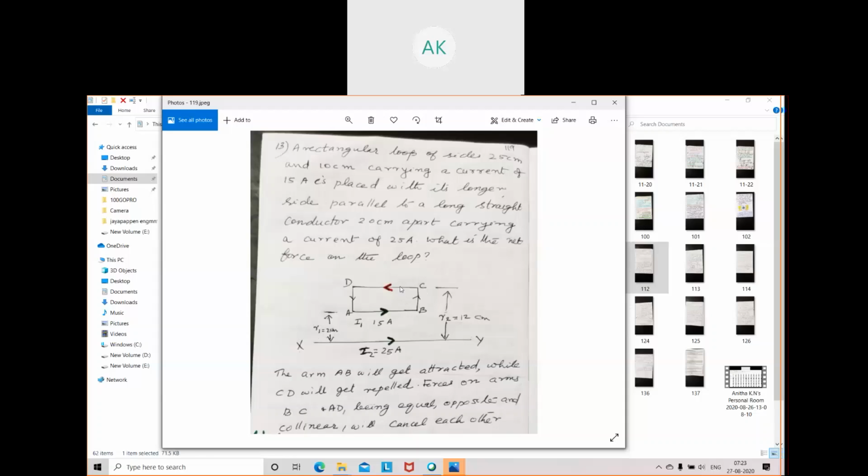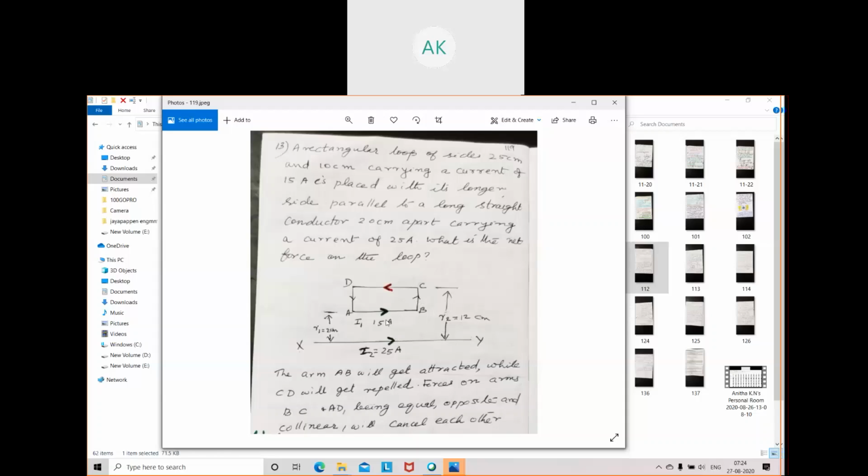We have to do AB and CD because they are not at equal distance. They are at different distances from the conductor XY. The separation between AB and XY is 2 centimeter, but the breadth of the coil BC is given as 10 centimeter. So the conductor CD is at a distance of 10 plus 2, that is 12 centimeter from XY, while AB is at a distance of only 2 centimeter.